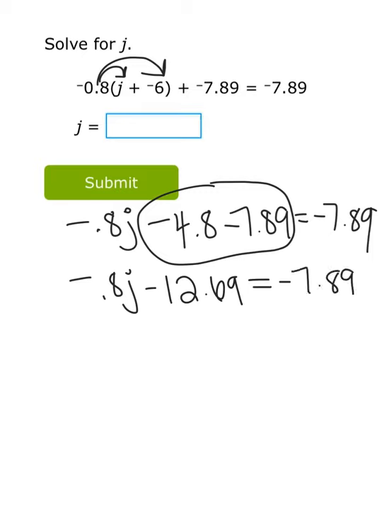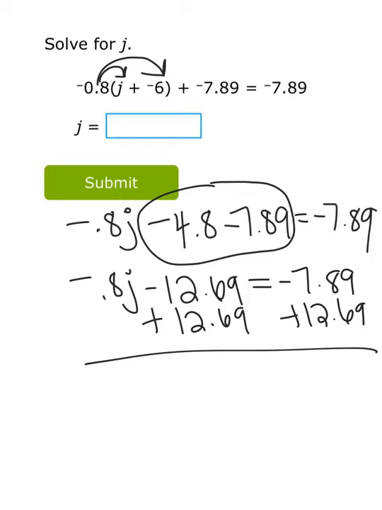So now I need to add 12.69 to each side. And I would be left with negative 0.8j equals 4.8.